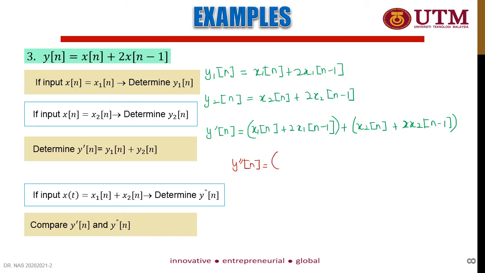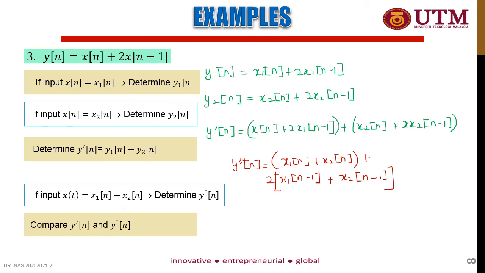So this one is x1[n] plus x2[n], plus 2 times x1[n minus 1] plus x2[n minus 1]. So this is your y double prime[n].